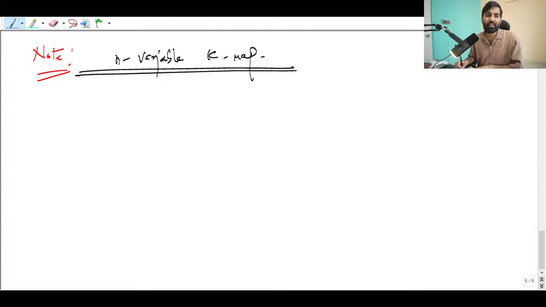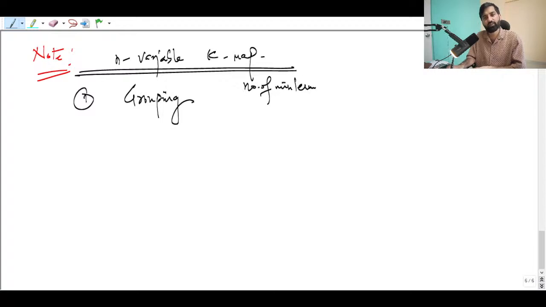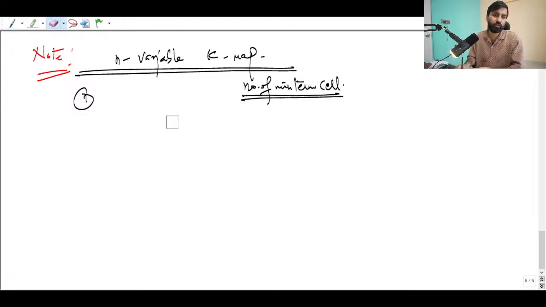In n variable K map, suppose you are grouping 16 min term cells, because those cells are corresponding to the min terms, right?